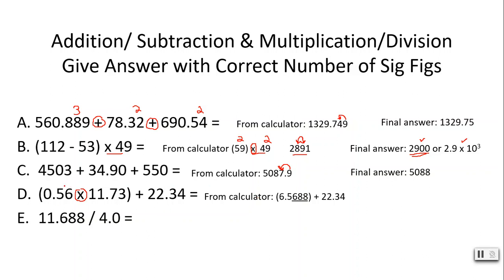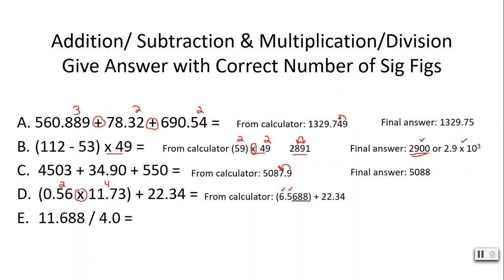Multiplication, you care about number of sig figs total. 0.56 has 2 sig figs total. 11.73 has 4 total significant figures. So my final answer for what's in parentheses should only have 2 significant figures. So in this case, the 6 and the 5.